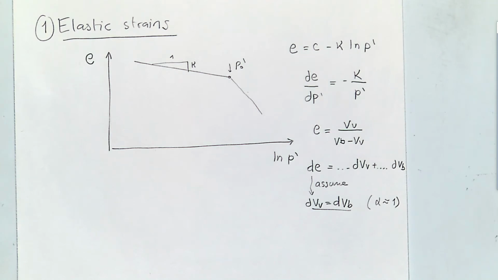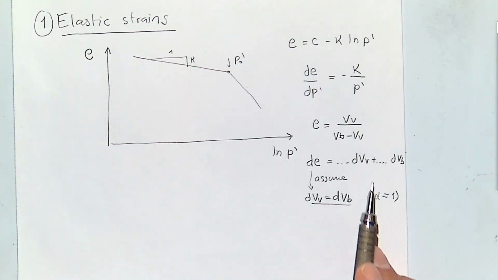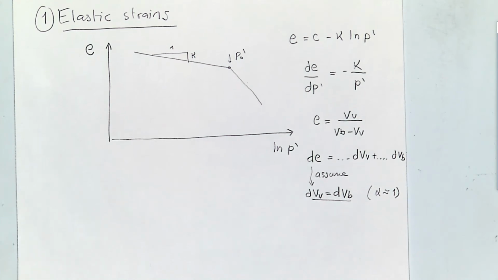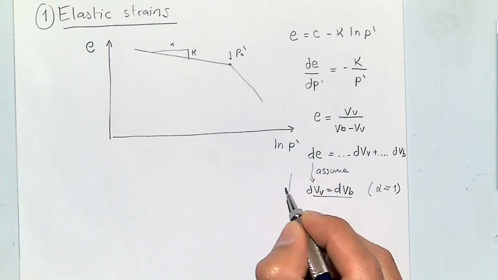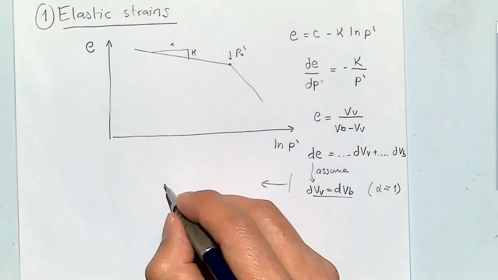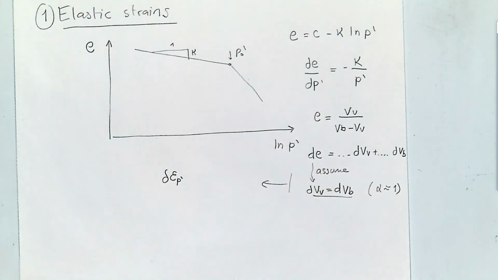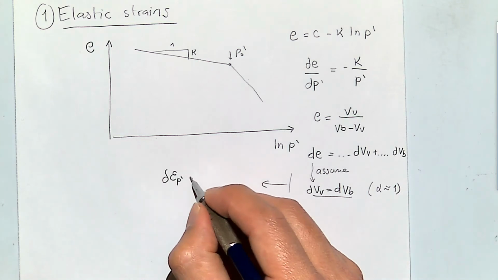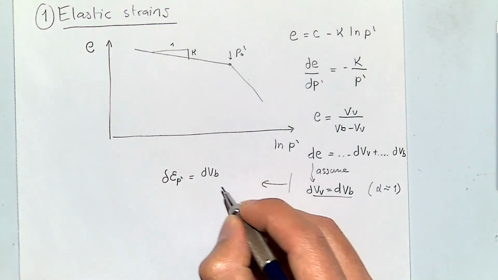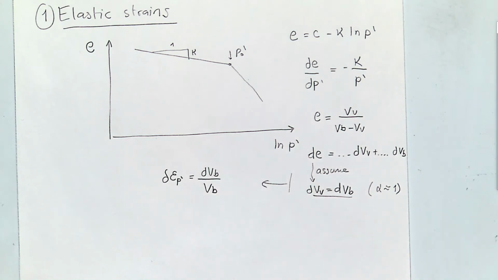Okay, so doing this assumption, and noticing that a variation of volumetric strain is going to be equal to a variation of a bulk volume divided by the initial bulk volume.